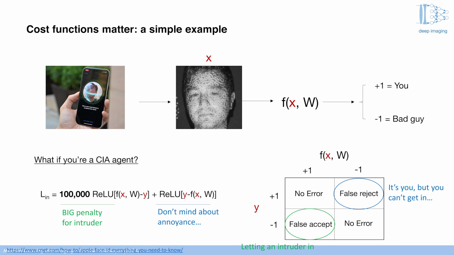He'll get hurt, or all the secrets would get stolen or whatever. And if James Bond can't get into his phone sometimes by putting it up to his face and gets frustrated, who cares? He has no recourse, really. He still has to do his job as a CIA agent, and he'll keep trying until it lets him in. He can't buy another phone for this. It's a custom deal. And so you would choose a very different loss function. You would add a big penalty to the false accepts.